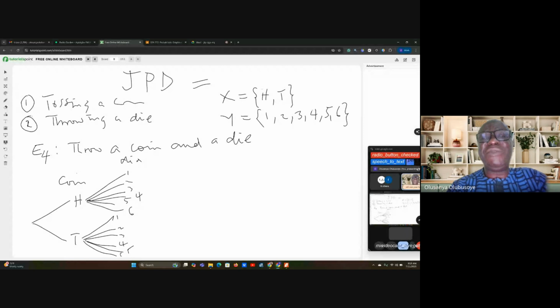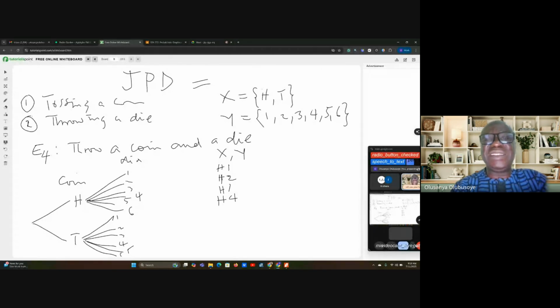And because we have two random variables now, we can define a joint probability, a joint distribution. If it's going to be joint, then we will be having x, y. So in this case, I will have head 1, head 2, head 3, head 4.